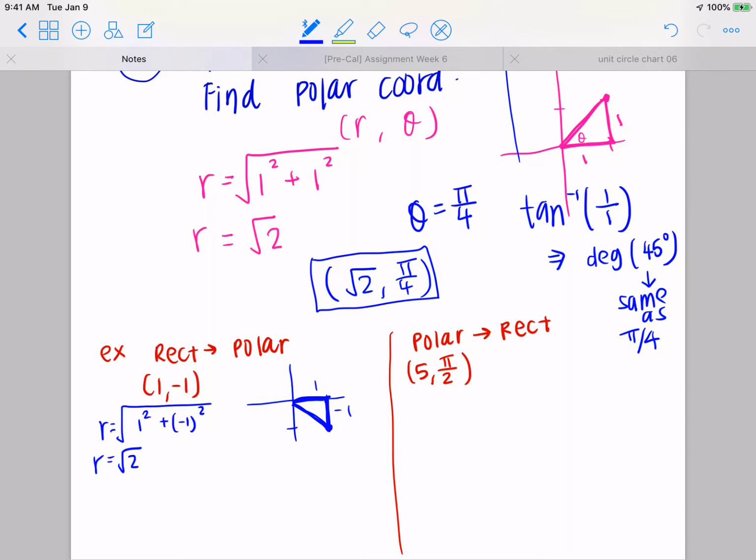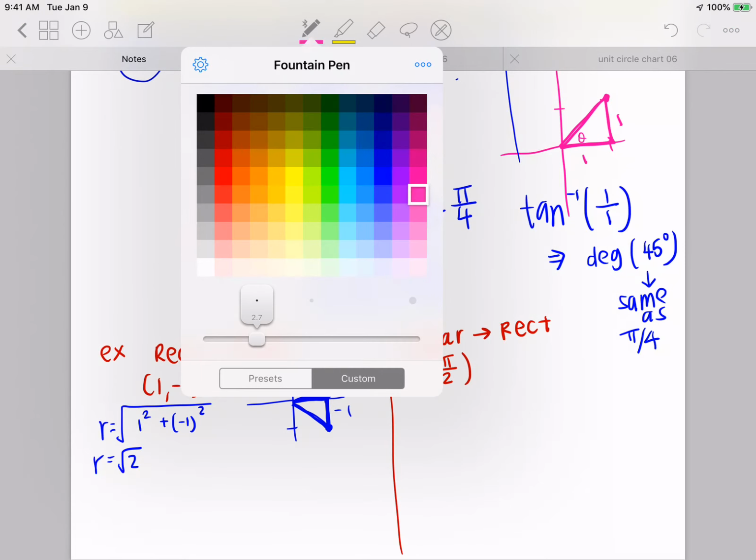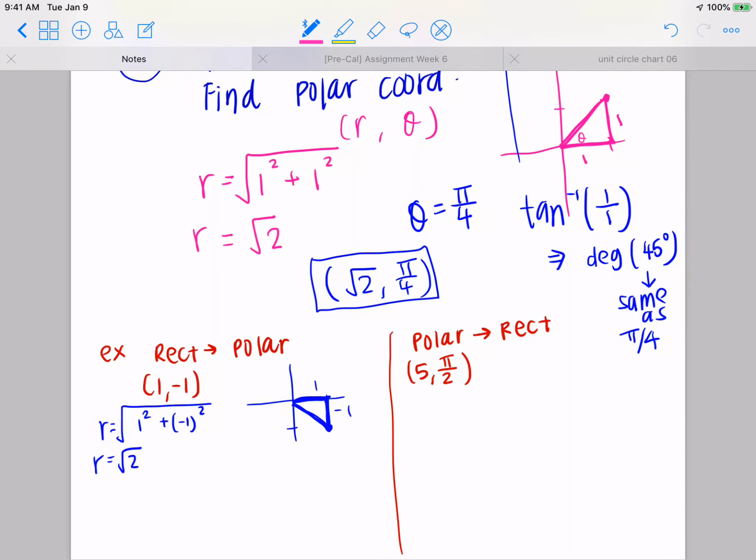Okay, since these were my 1 and negative 1, the angle went down this way. Okay, so we are actually looking at pi over 4, but the negative version of it. Okay, so we have square root of 2, comma, negative pi over 4. That's your answer.